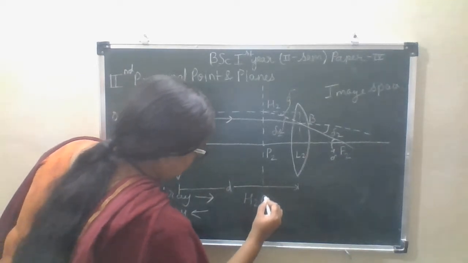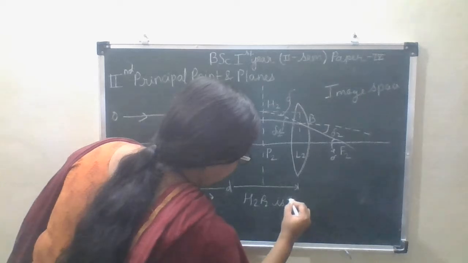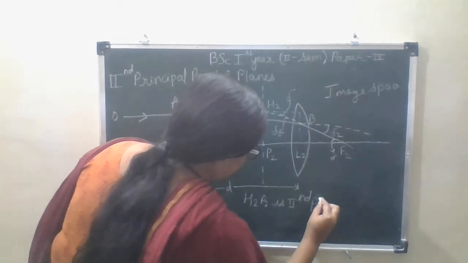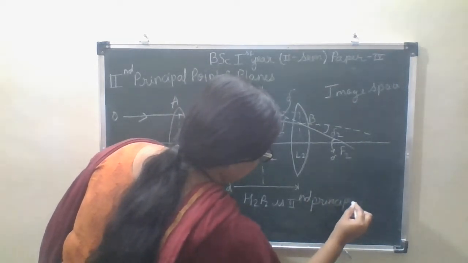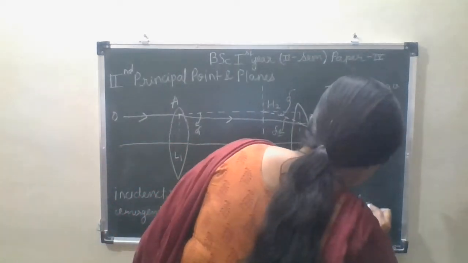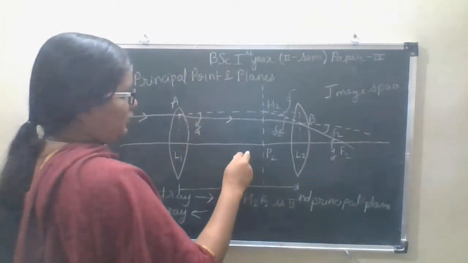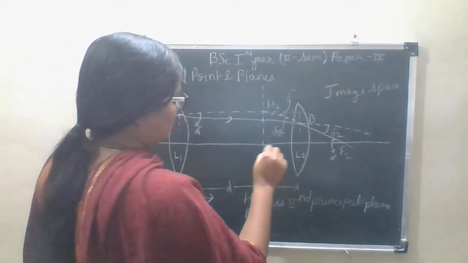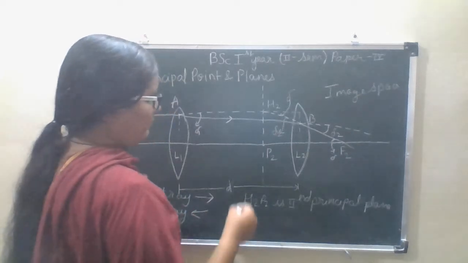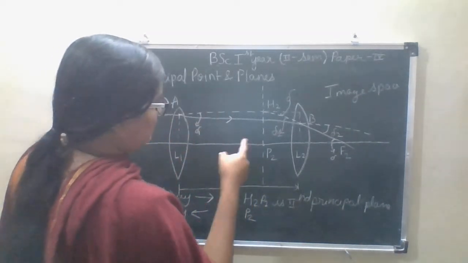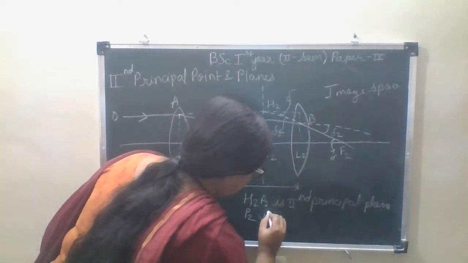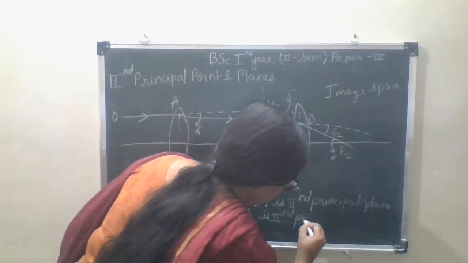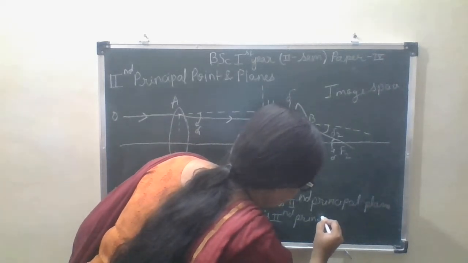H2P2 is the second principal plane, and P2 is the point which is perpendicular to the principal plane and intersects the axis, called the second principal point.